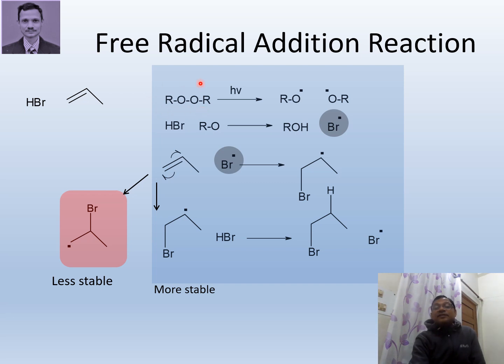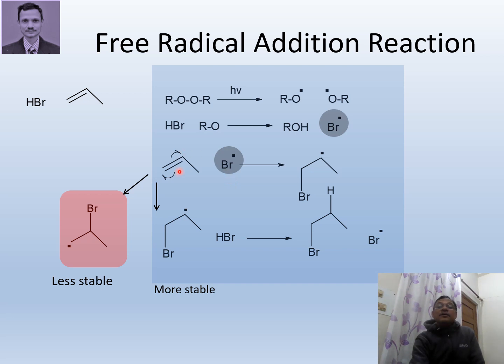The peroxide, if we irradiate light or sunlight or any UV visible light, this peroxy compound will generate peroxy radical, and this peroxy radical reacts with hydrogen bromide to generate a bromine radical. This bromine radical now initiates the reaction.